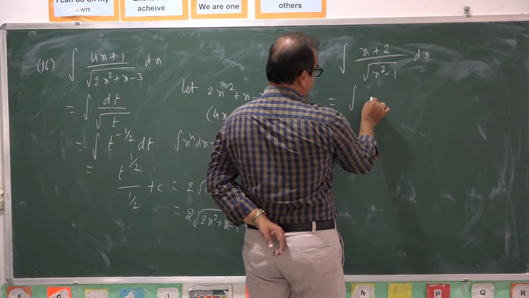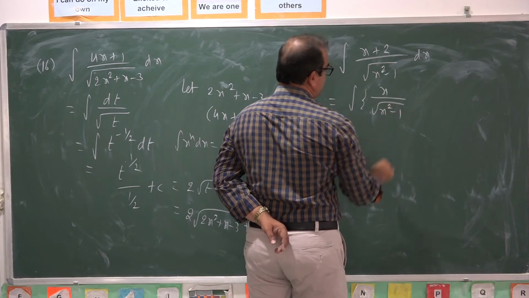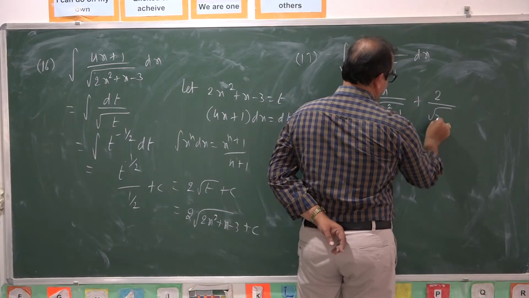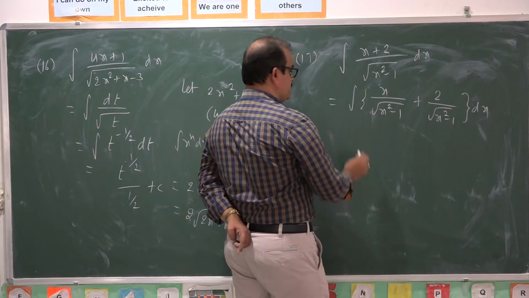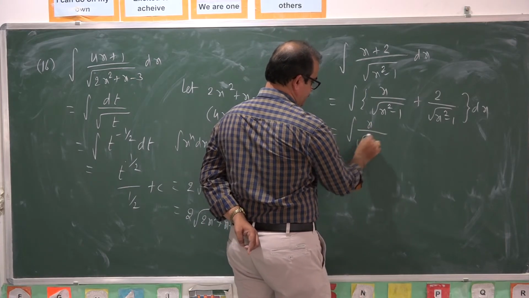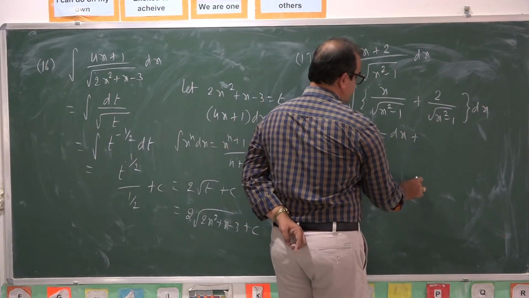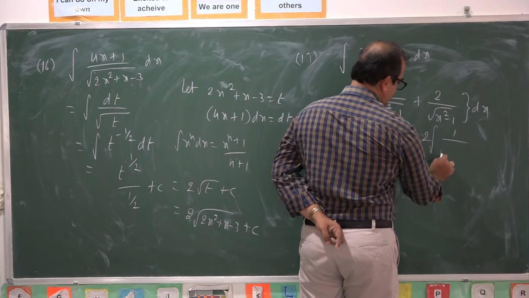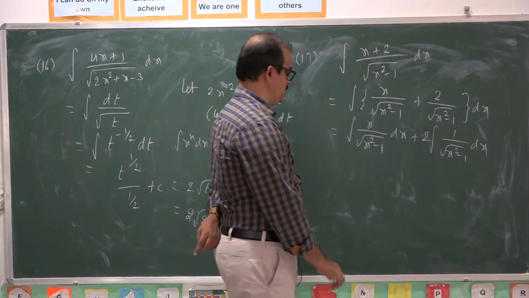We get integral of x by root of (x square minus 1) plus 2 by root of (x square minus 1) into dx. Take this integral into bracket. This is integral of x by root of (x square minus 1) into dx plus integral of 2 into 1 by root of (x square minus 1) into dx.